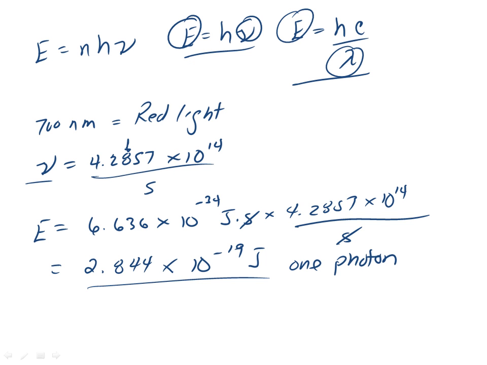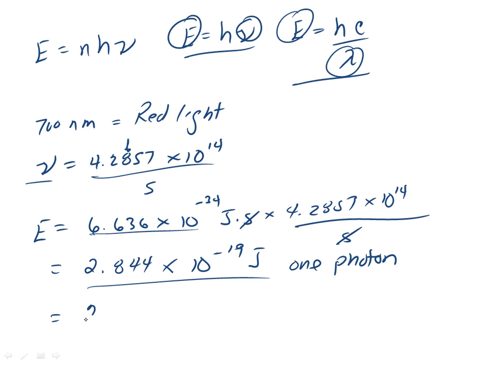Now, before I would report this answer as my final answer, I would round it off to the correct number of significant figures. We know that this frequency only had 3 significant figures, so we should report our final answer accordingly. This is a constant, and it's known to 4 significant figures, or that's the way I've written that one. So I would report my final answer to 3 significant figures.